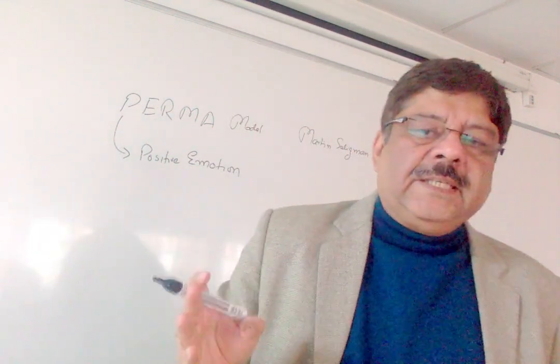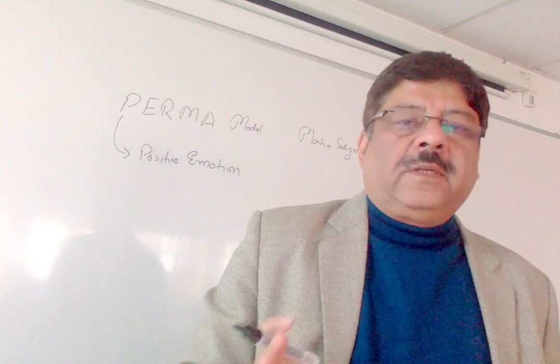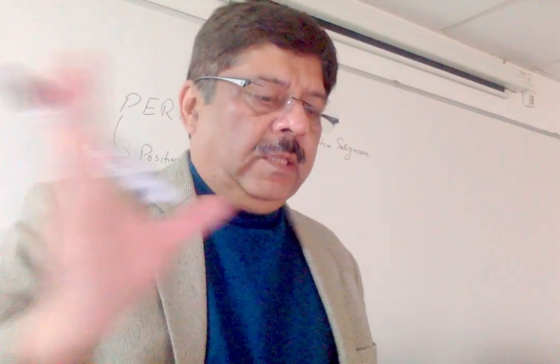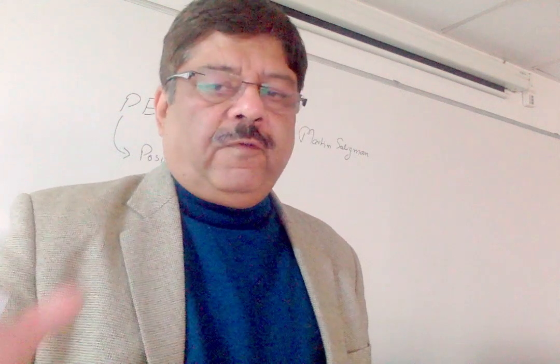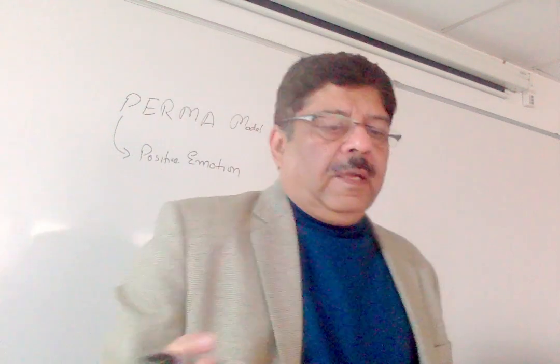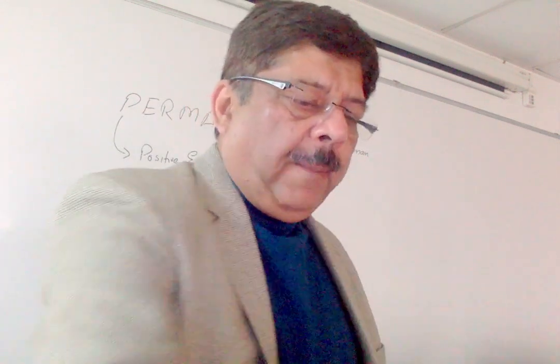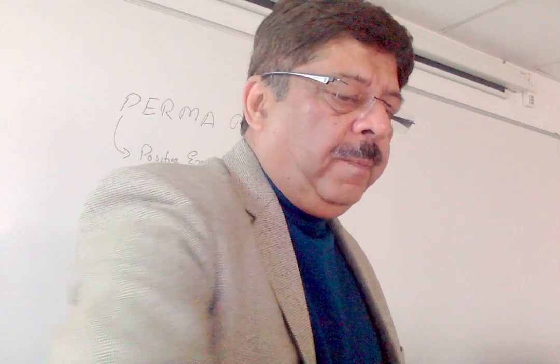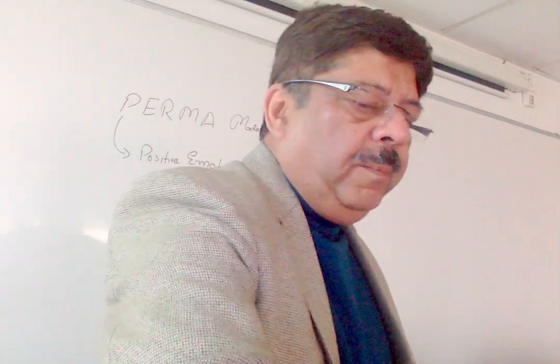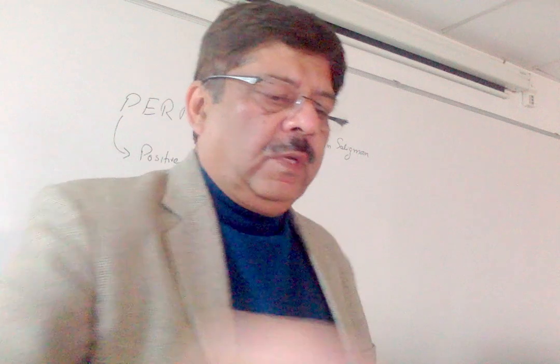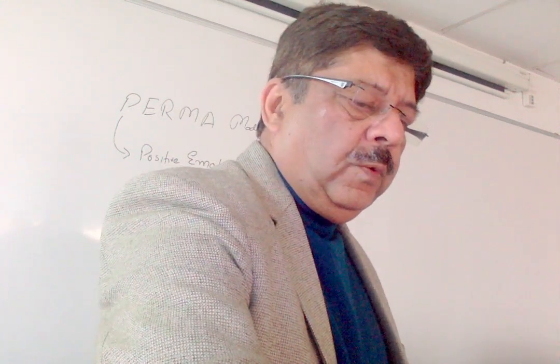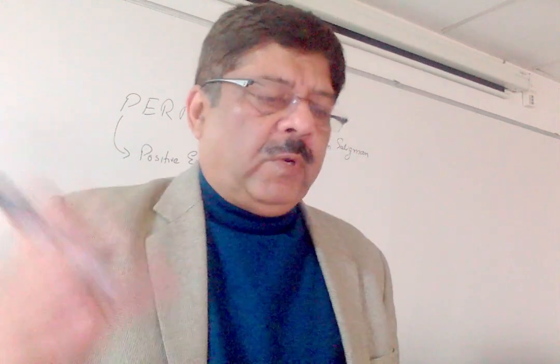So he says that the first factor which is important in the state of well-being, in our flourishing state, which leads to happiness, starts with P. P means positive emotion. What do you understand by positive emotion?